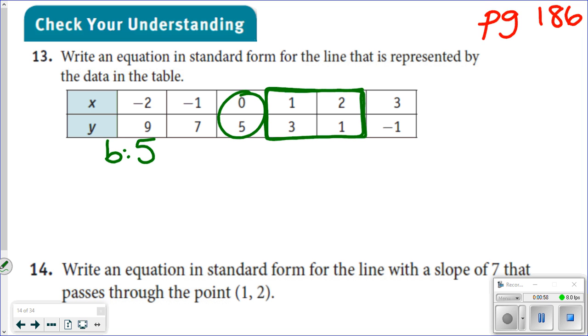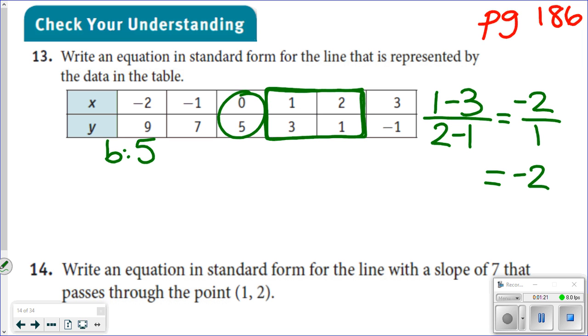Okay, so I'm going to do 1 minus 3, my y2 minus y1, over 2 minus 1, x2 minus x1. 1 minus 3 gives me negative 2. 2 minus 1 gives me 1. And I know that this simplifies to be negative 2. So that's my slope. My m is negative 2.